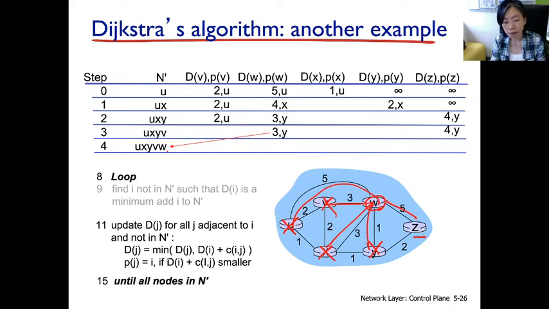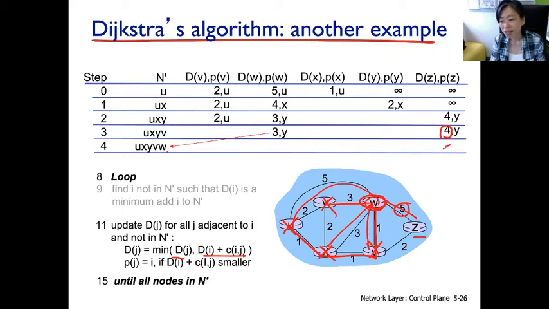We need to see if the existing cost is better than the newly discovered path cost. The newly discovered path is via w, and the cost was 3. The predecessor of w was y, so it's this path here. So 3 plus 5, that is 8. Is 8 better than 4?